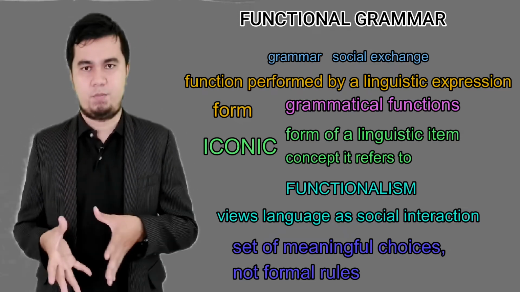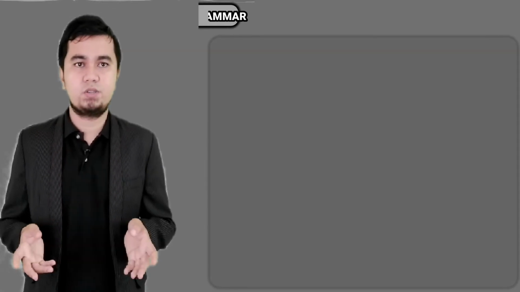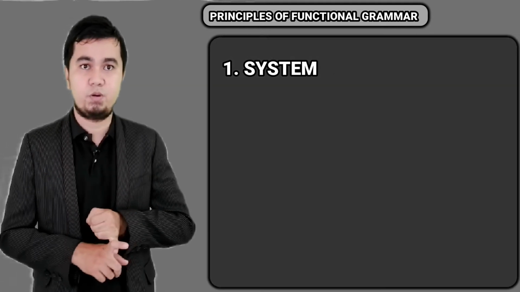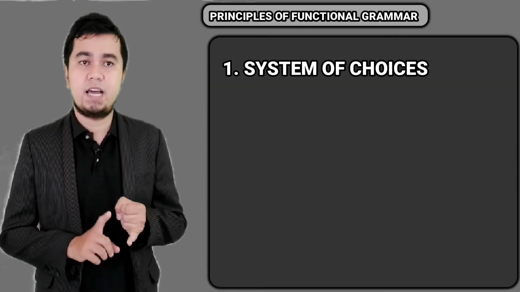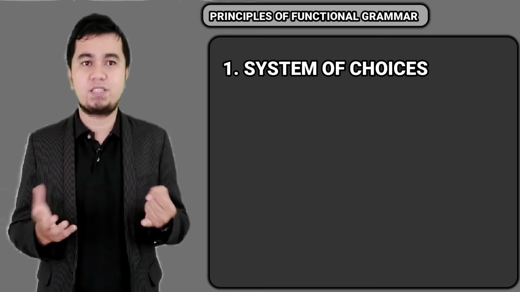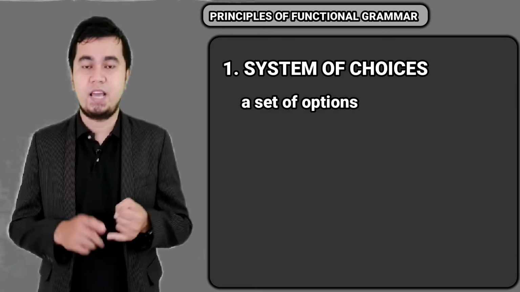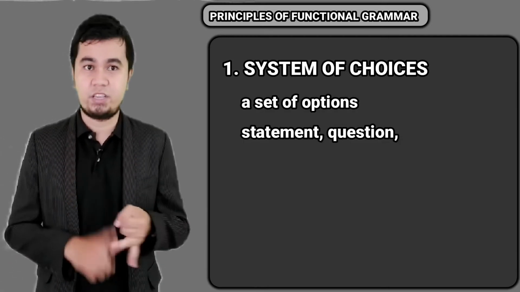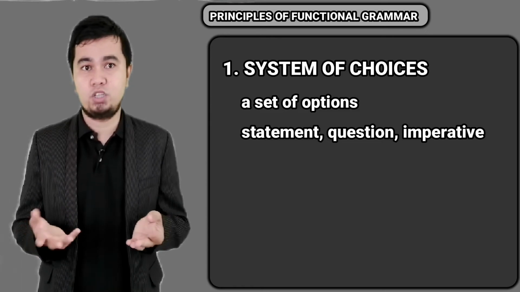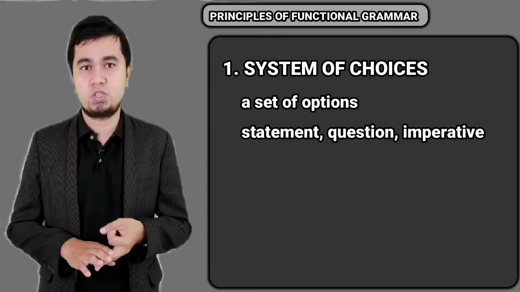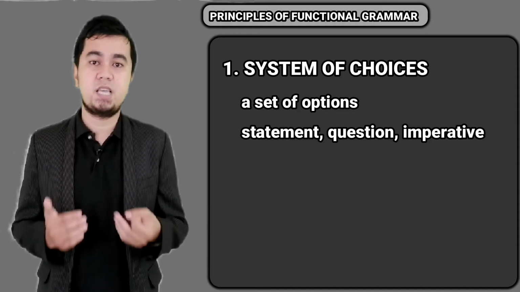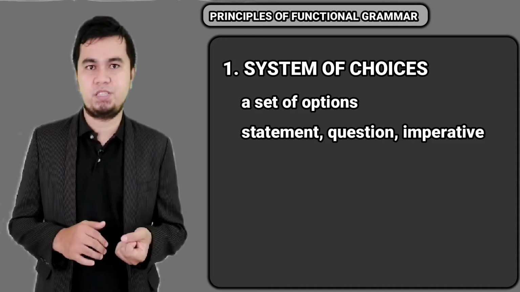Now, we also have the principles of functional grammar. We have the system of choice, which is number 1. The meaning of this is that we have a set of options to choose from: statement sentences, question sentences, imperative sentences. If we choose question, for instance, we have another choice. That is why it becomes a system of choice. That's the first principle.